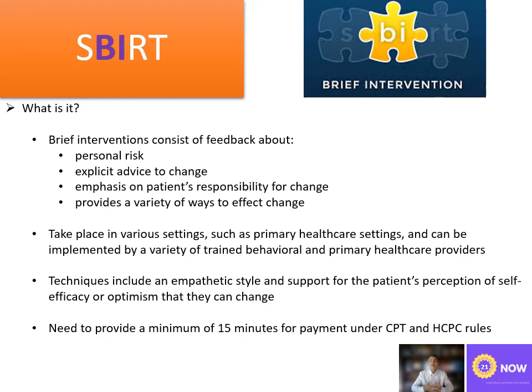You are merely the vessel identifying the use or the substance use disorder, providing your clinical expertise and help and assistance. It's going to be solely dependent on the person to facilitate and enact those change processes and those change habits. It provides a variety of ways to affect that change, and that's where you can come in.